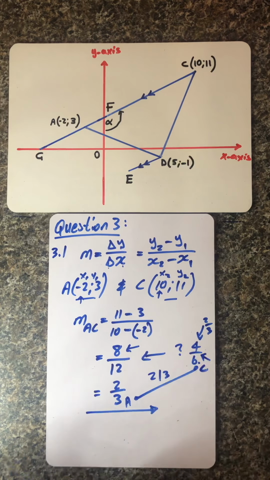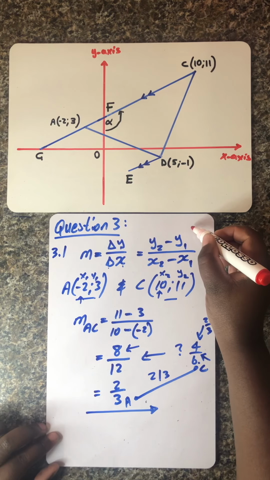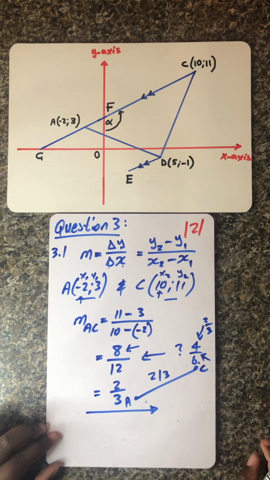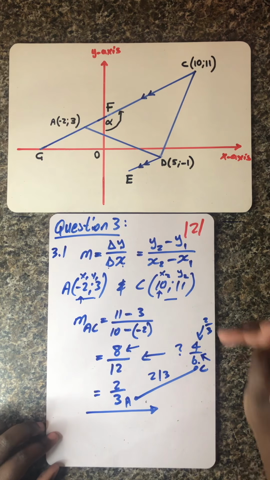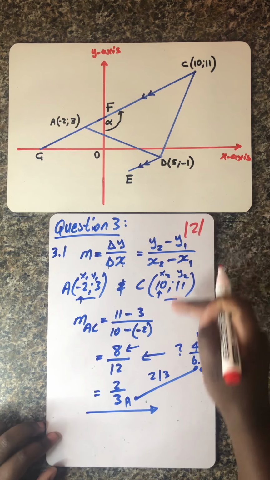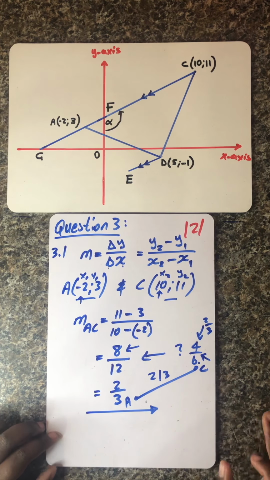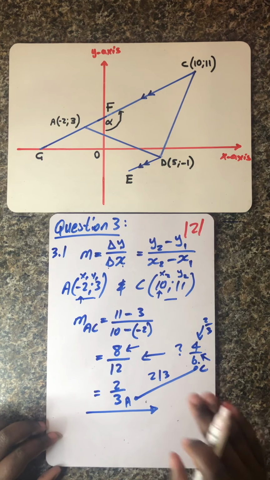Okay, very, very much important, ladies and gentlemen. So now can we try to mark this question? Remember, ladies and gentlemen, I've just indicated that this question is allocated 2 marks. Okay, so it doesn't necessarily mean that you have to go through all of these steps and spend this much time that I've spent on this question.